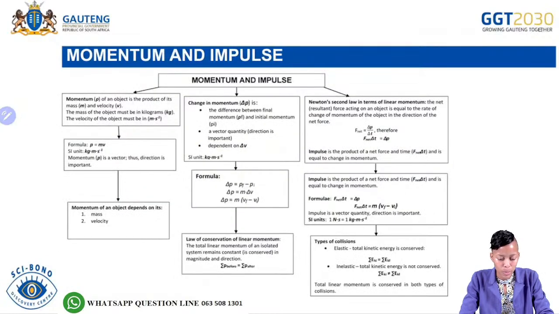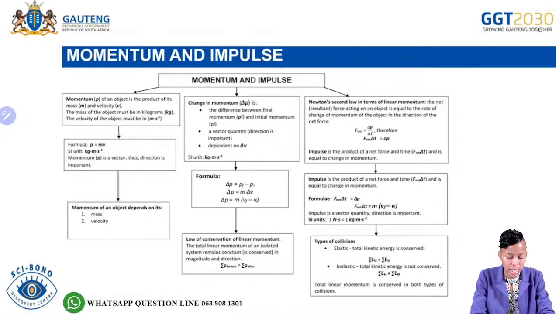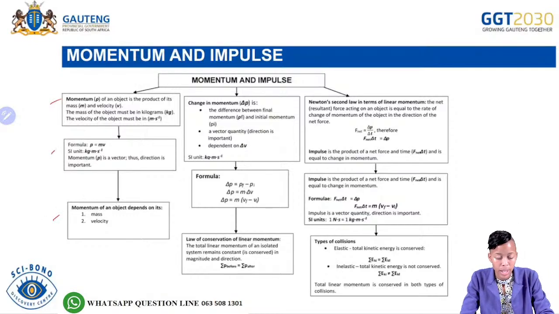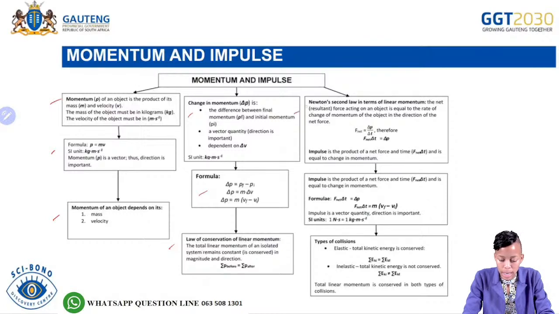Now under momentum and impulse, we have covered the following. We have covered the definition, the formula, the relationship in terms of momentum, the change in momentum, the formulas of the change in momentum, the law of conservation of linear momentum, Newton's second law in terms of linear momentum and its formula.